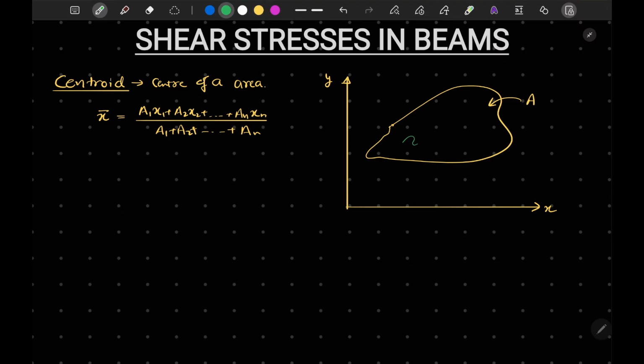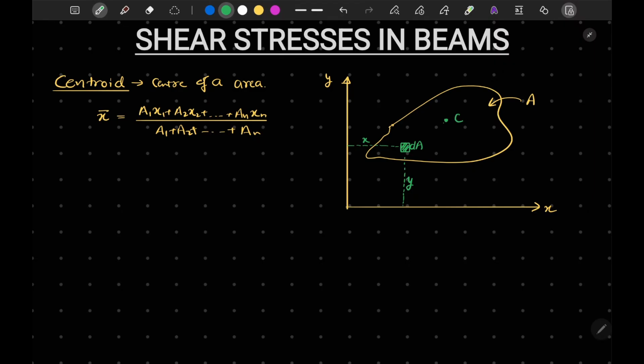I will consider a small area, let's say this area dA, at a distance x from the y axis and distance y from the x axis. Let's say that the centroid of this plane lies here. So this is our centroid.